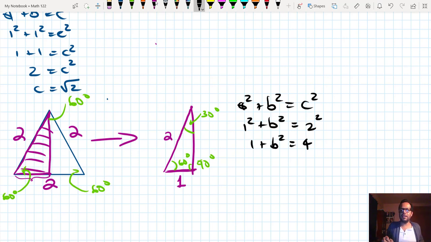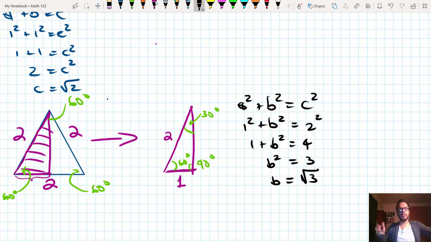Then let's subtract 1 from both sides to get 3, and b equals the square root of 3. Again, no need to put the plus or minus coming from the square root property, because we are looking at the length of a triangle side, and it doesn't make sense to use the negative sign.